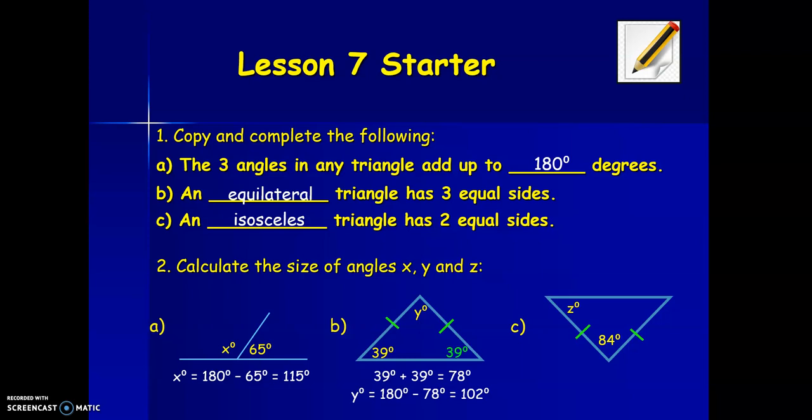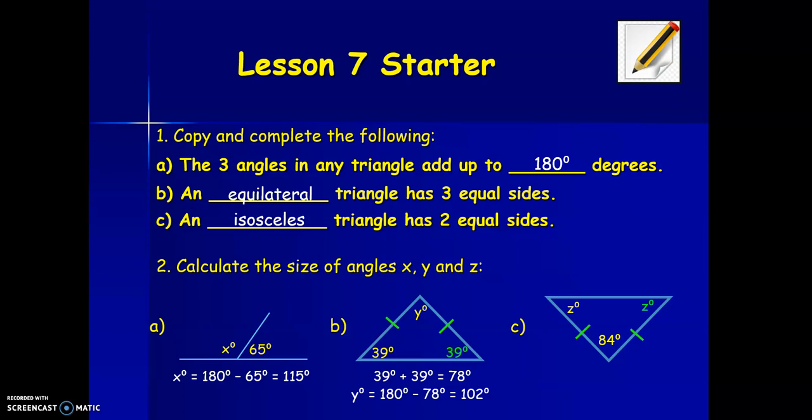In question 2C, we also have an isosceles triangle, but this time we have been given the angle at the vertex between the two equal sides. So our method is slightly different. This time, our two equal angles, again, are at the elbows of the triangle.